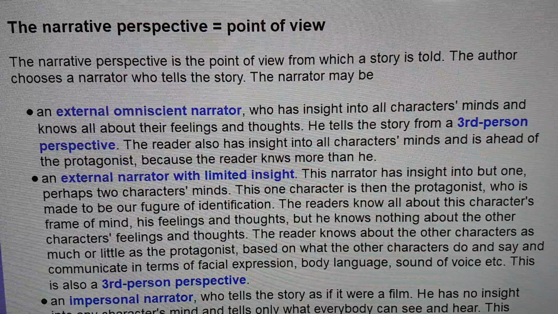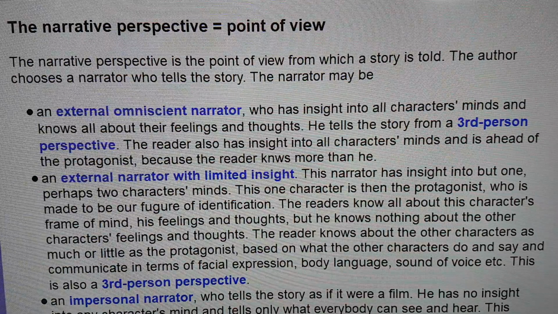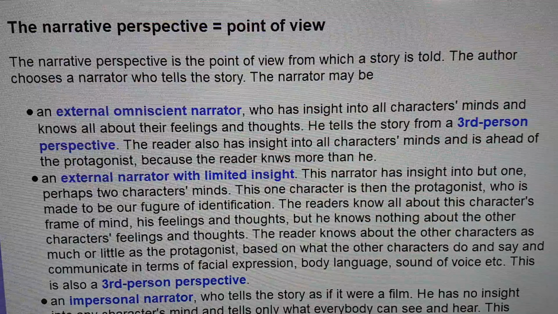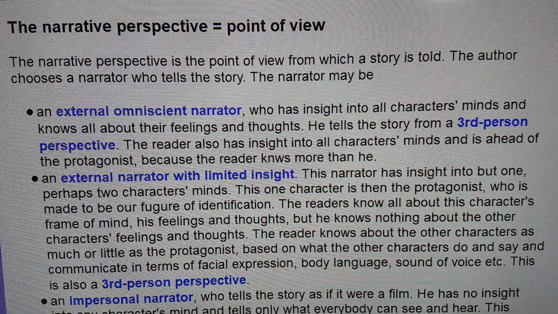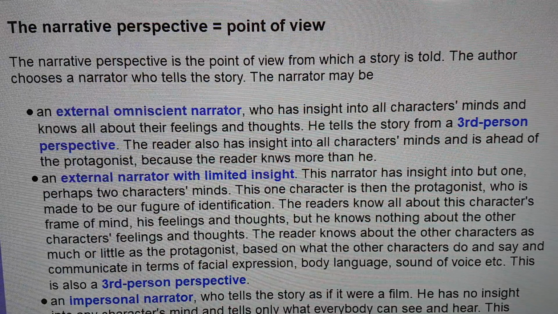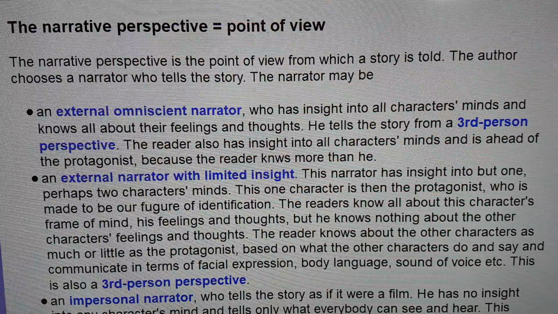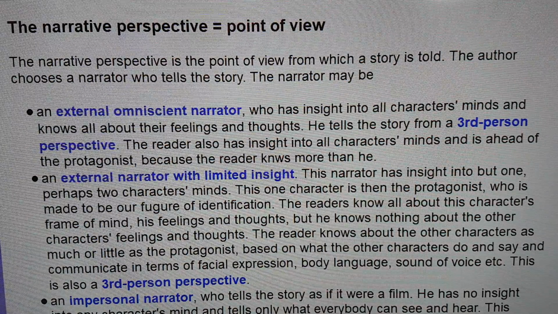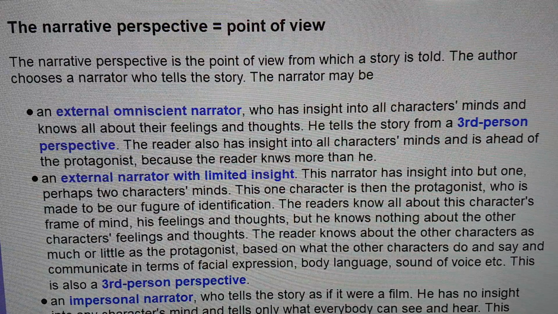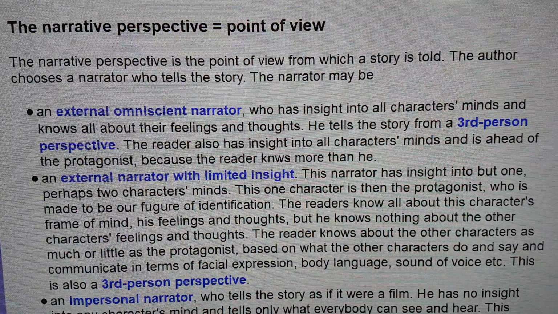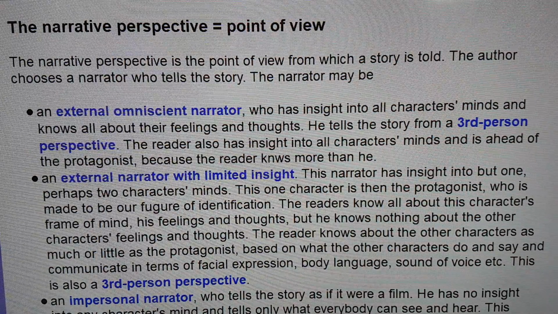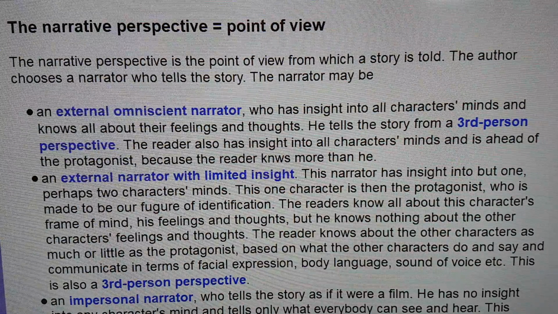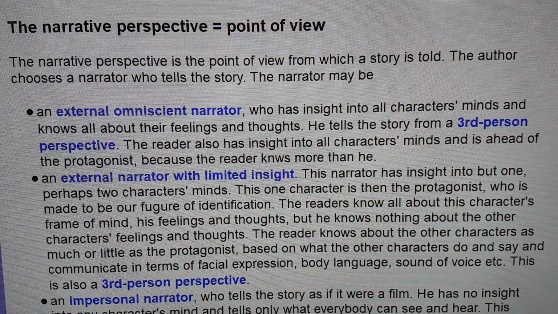or maybe the majority of literary texts are told from a third person perspective, meaning a narrator tells the story of a third person or third persons. Okay? So the narrator himself is not involved in the action. He is not part of the action. He is not even part of the world of action.